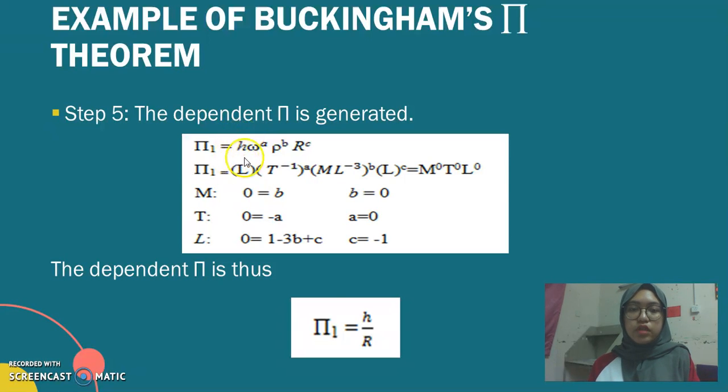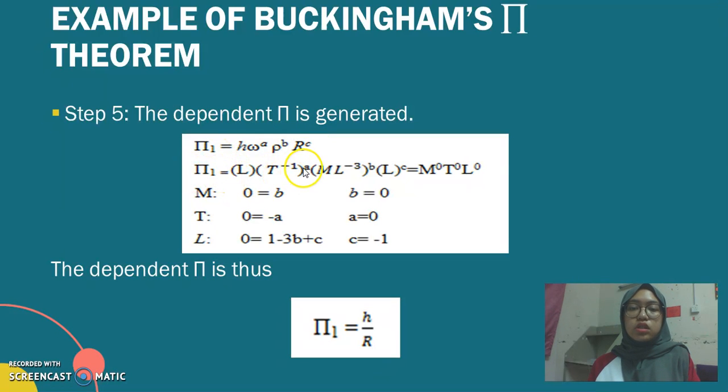So our first dependent variable is h. Here we have h, and then we write down the functional relationship, the same as the Rayleigh method, with the first repeating parameter to the power of a, the second repeating parameter to the power of b, and the third repeating parameter to the power of c.